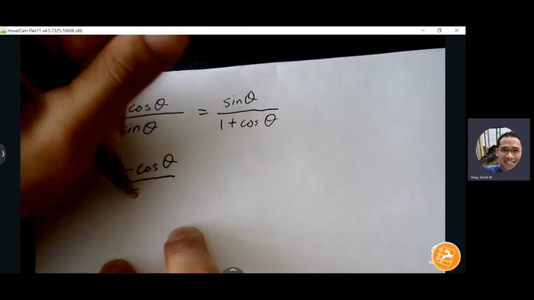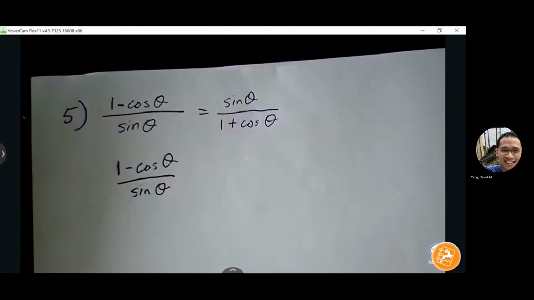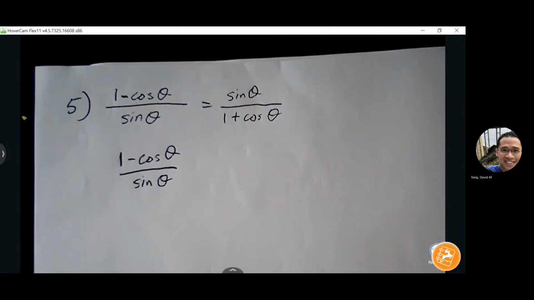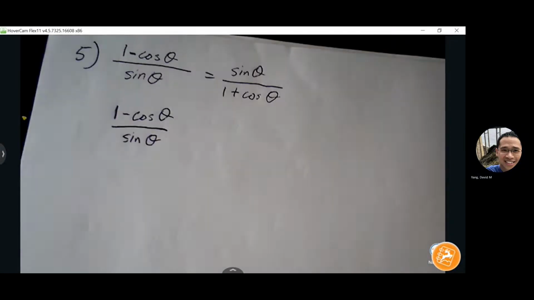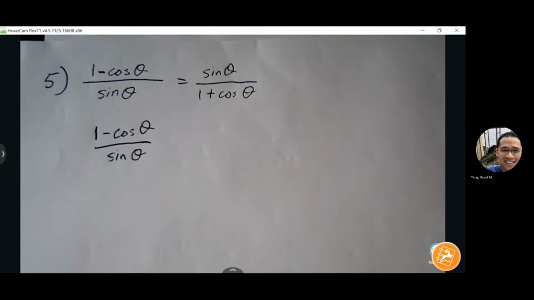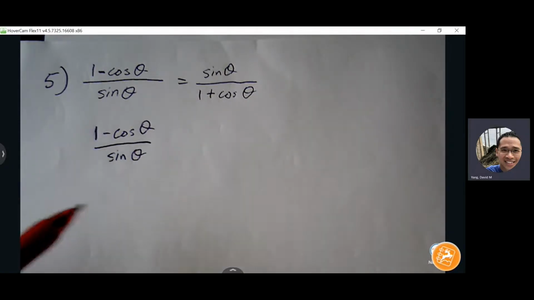What can we do to maybe get something started here? Maybe we can use a trig identity to create a different version of this problem. Or is there maybe something that we can introduce into the problem to force a trig identity?